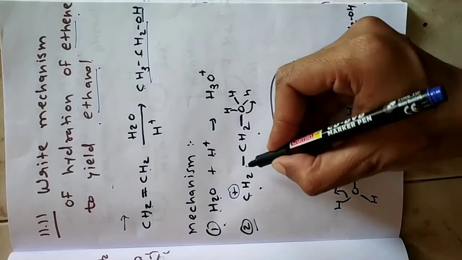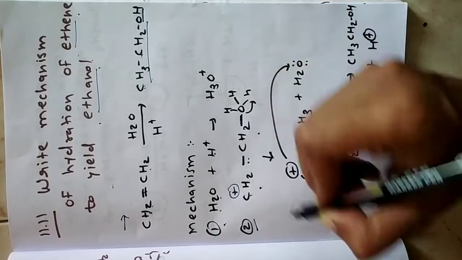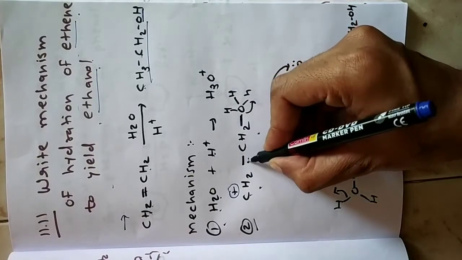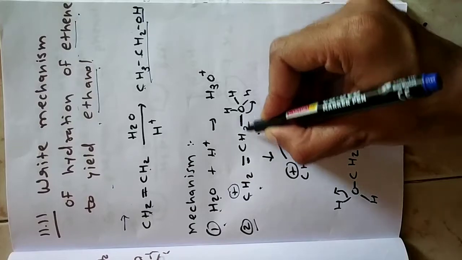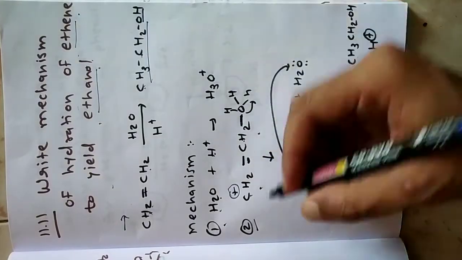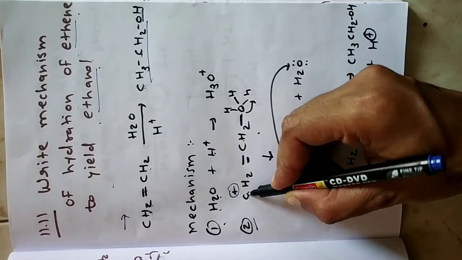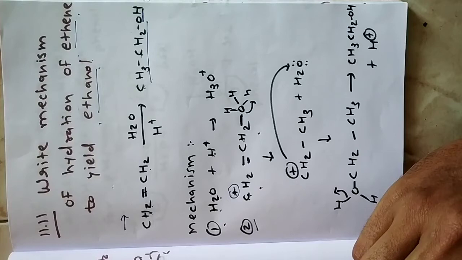Here a double bond was there, so 2 electrons were there. Those electrons come here to make this C-O bond. So this carbon is losing some electron density, so it becomes a positive ion.